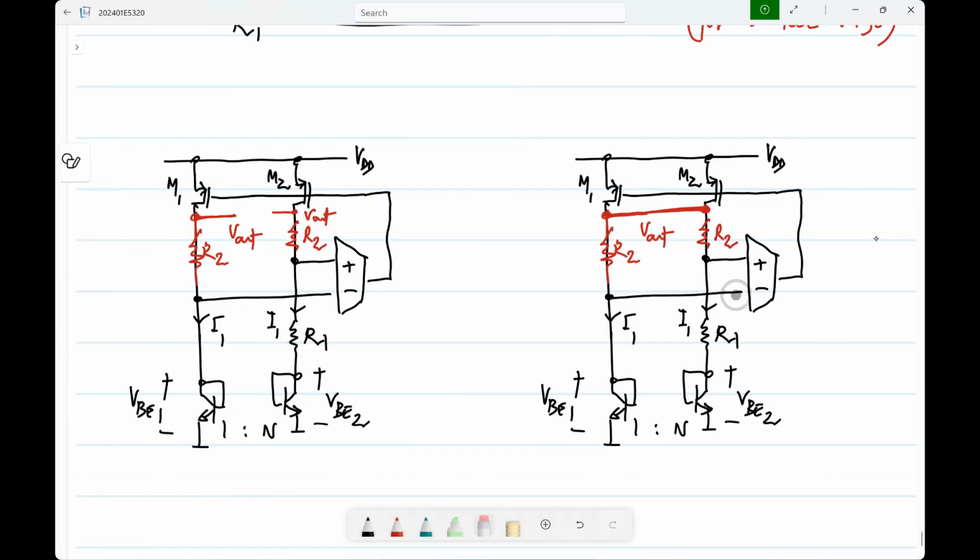If these two voltages are equal and these are tied together, the current through this will be basically the same. Of course, the resistor mismatch will come into the picture, but resistor matching is better than transistor matching. So this one is better. And by a similar token, you can show from analysis that the noise from these transistors doesn't come into the picture.